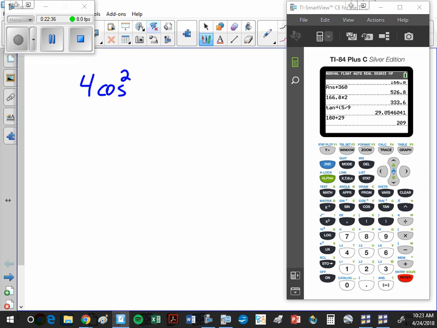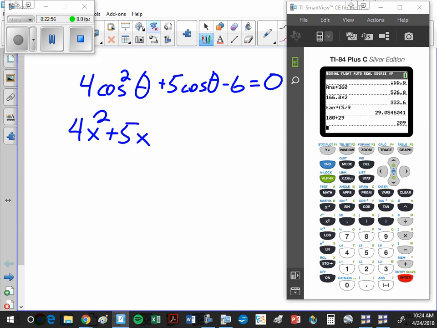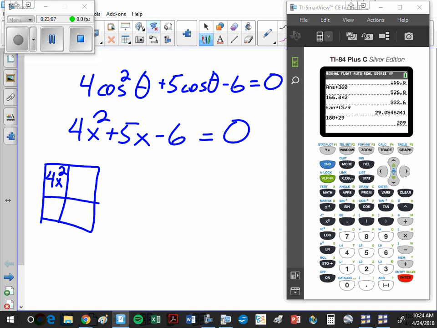4 cosine squared of theta plus 5 cosine of theta minus 6 equals 0. That's just a quadratic. 4x squared plus 5x minus 6 equals 0. We have to use the box. Why do we have to use the box? It has a 4 in front. What do we do with the box? Multiply those together.